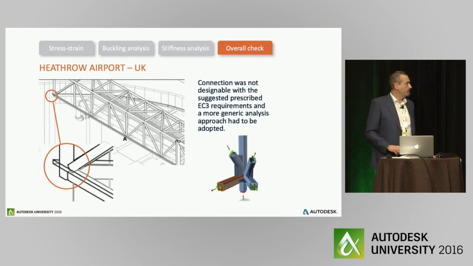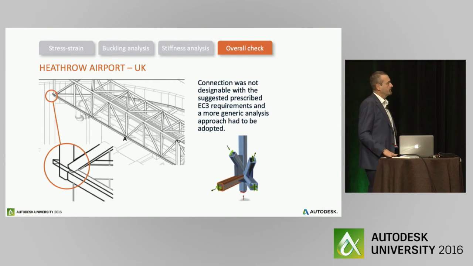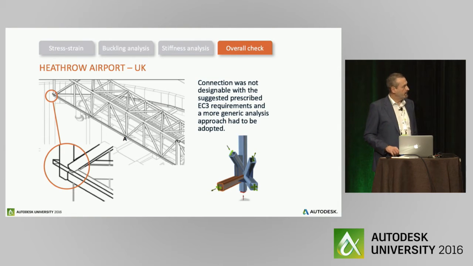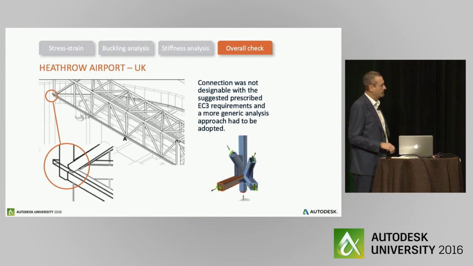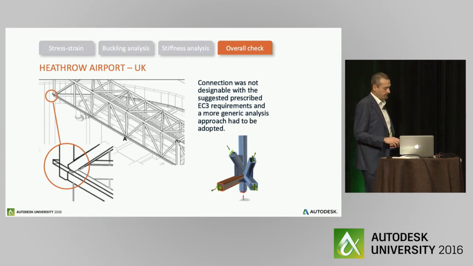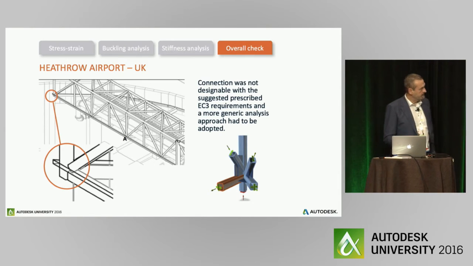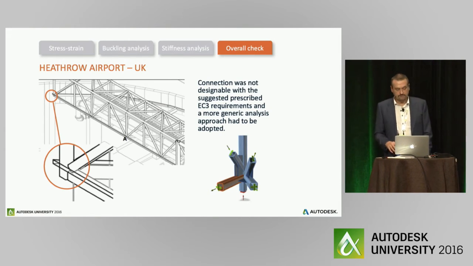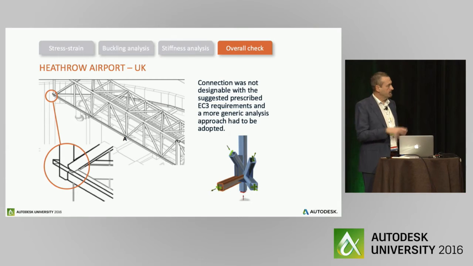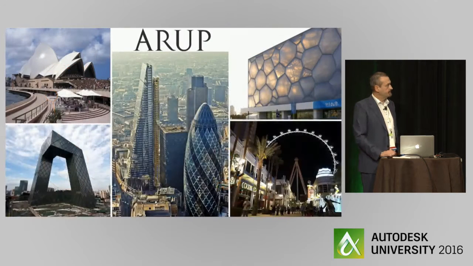This is an example from Heathrow Airport in London. Our method was applied on the bridge in the extension of the airport last year, and there were connections which were not possible to design according to basic simple component method guides, and we applied this CBFEM method, and we were able to design this bridge.